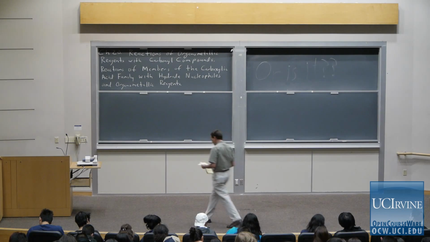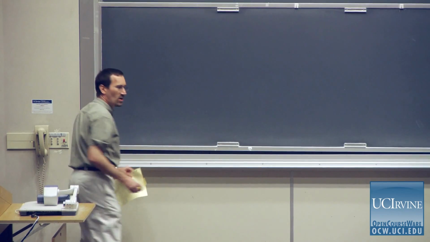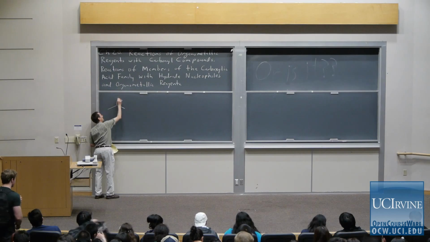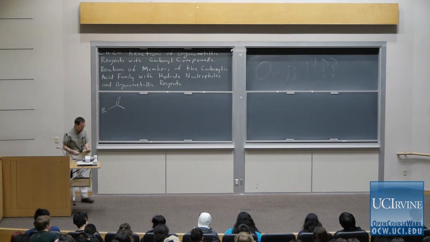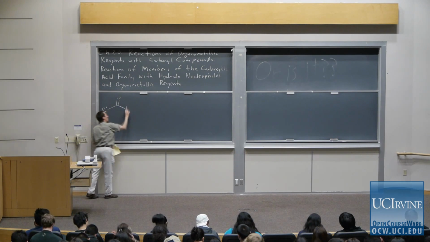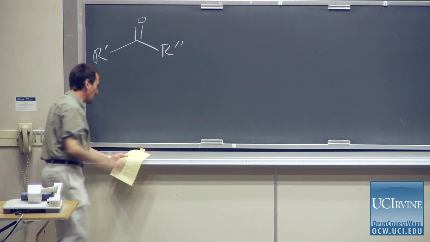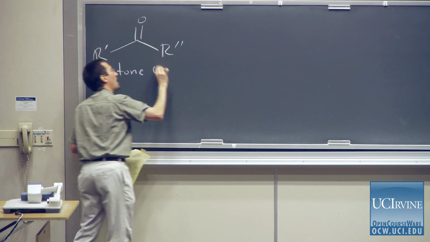So when we were talking last time, we talked about hydride reagents with ketones and aldehydes, and we said sort of generically, if we have some ketone or aldehyde, and I'll write it generically, just showing R groups that could be alkyl, that could be aromatic, that could be hydrogen. So generically, a ketone or aldehyde.